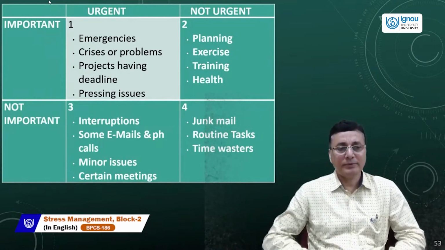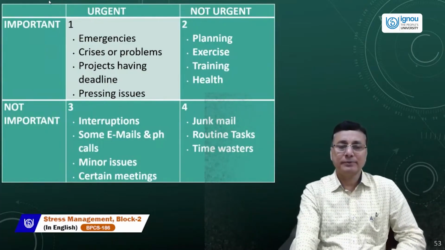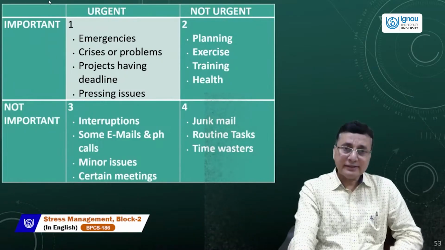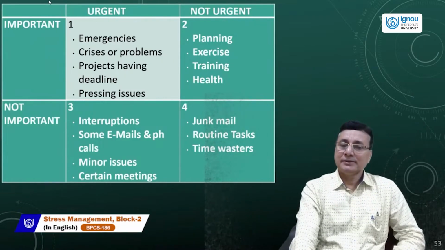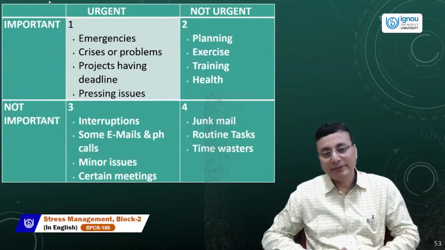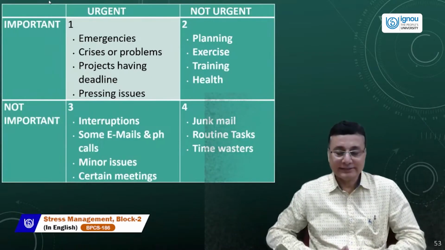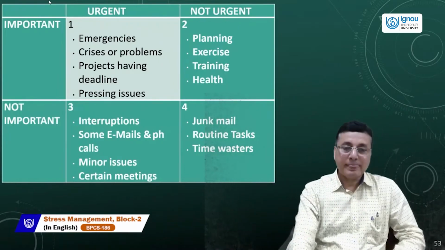It's not very important. Certain minor issues and certain meetings which are not very important, and there are certain tasks definitely they are not urgent, not important at all, like seeing the junk mails, routine tasks, time wasters like reading newspaper while you have to complete your assignments, or watching TV unnecessarily.